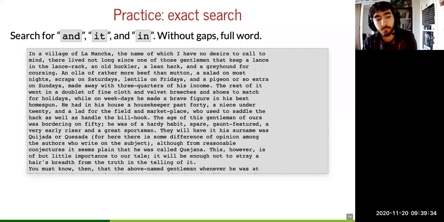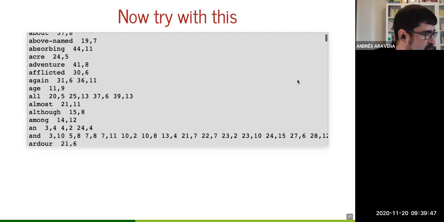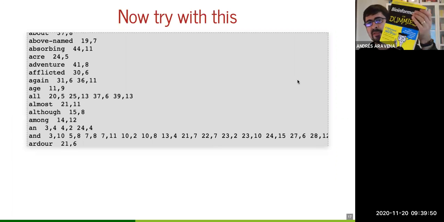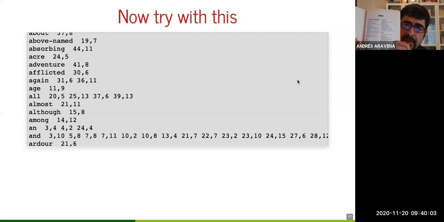Good question. So now try this. Here, for your happiness, I make an index. You know what an index is, no? It's like when you have a book, like Bioinformatics for Dummies. In the last pages you have an alphabetical order of keywords, and at the side they say in which page you can find them.